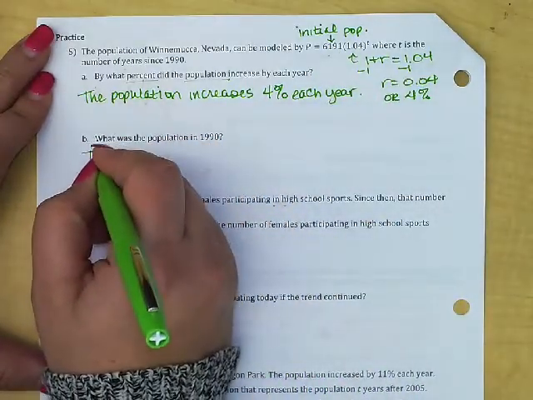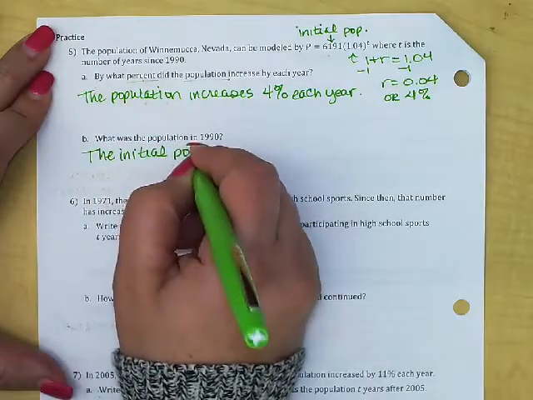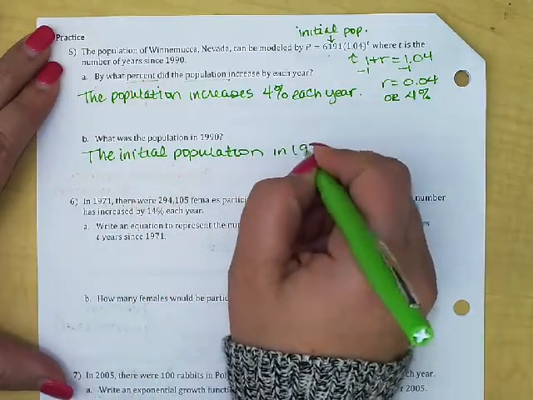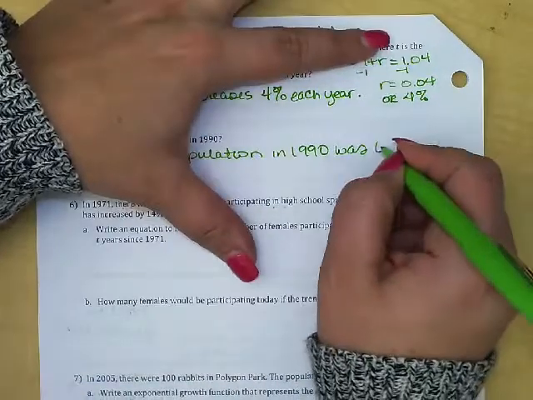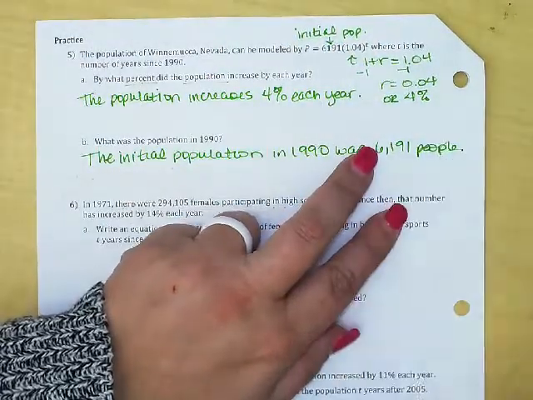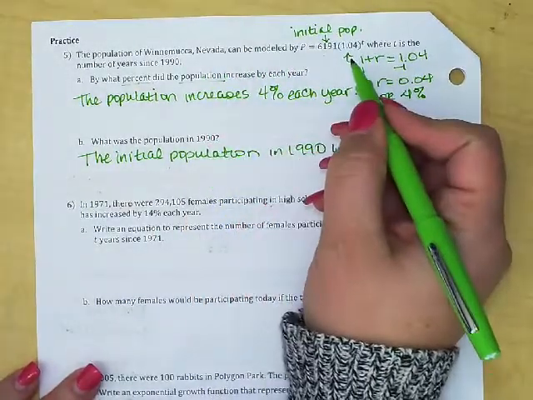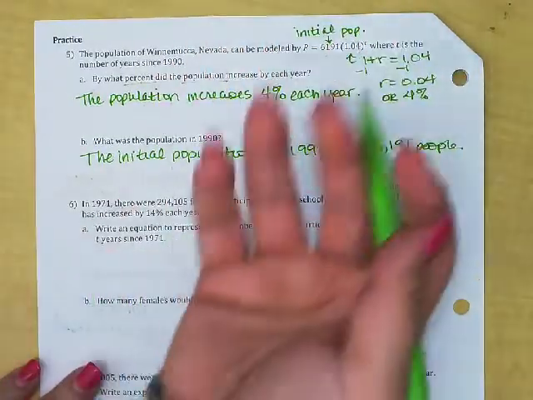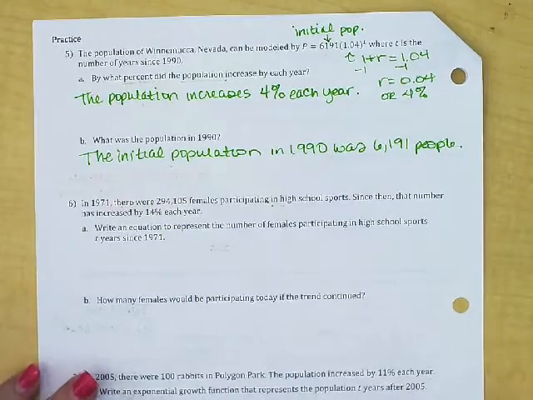So then we can answer this and say the initial population in 1990 was 6,191 people. And there it is. Okay, so that's really just reading the problem instead of creating the function. In this problem, we practiced having the function and being able to extract the information that we want to know about from the function itself. So there you go. There's that one.